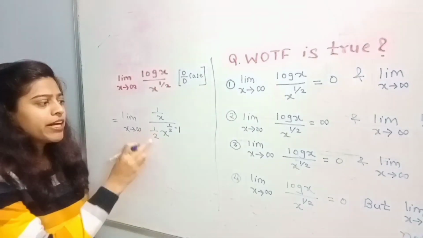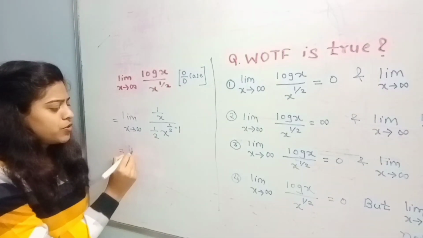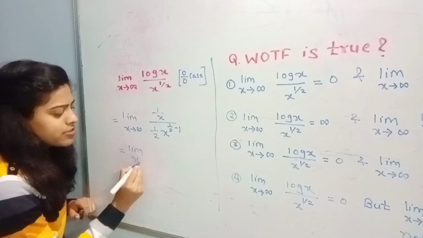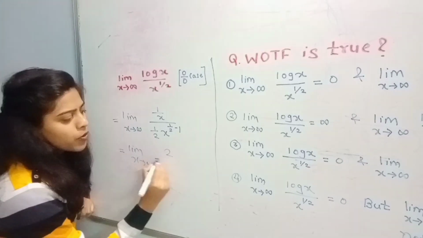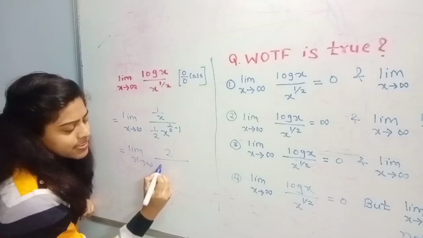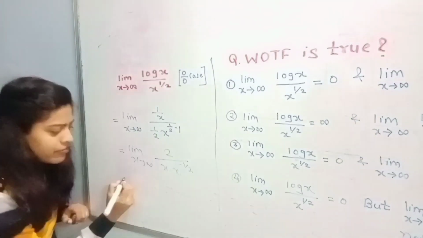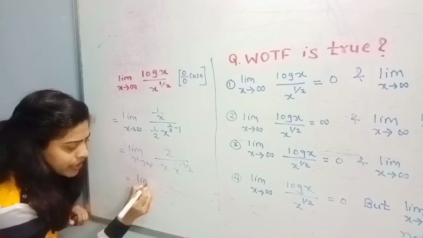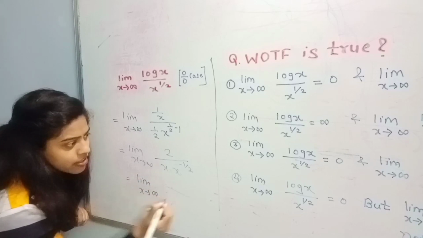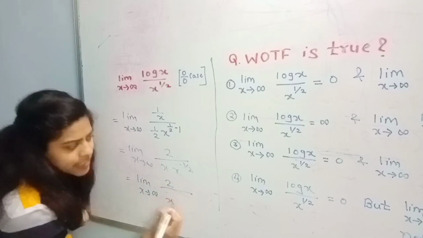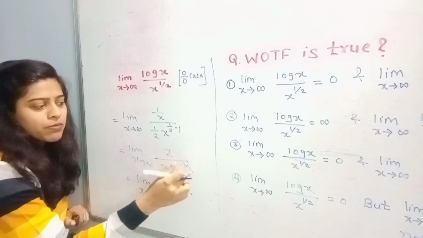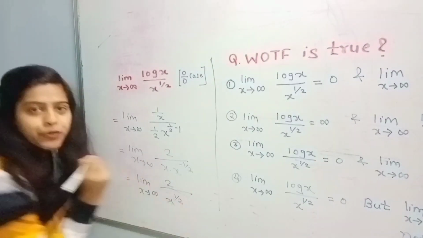Now this 1 by 2 goes to the numerator, that is limit x tends to infinity 2 upon x into x raised to minus 1 by 2. Then we get limit x tends to infinity 2 upon x raised to 1 minus 1 by 2, which is 1 by 2.